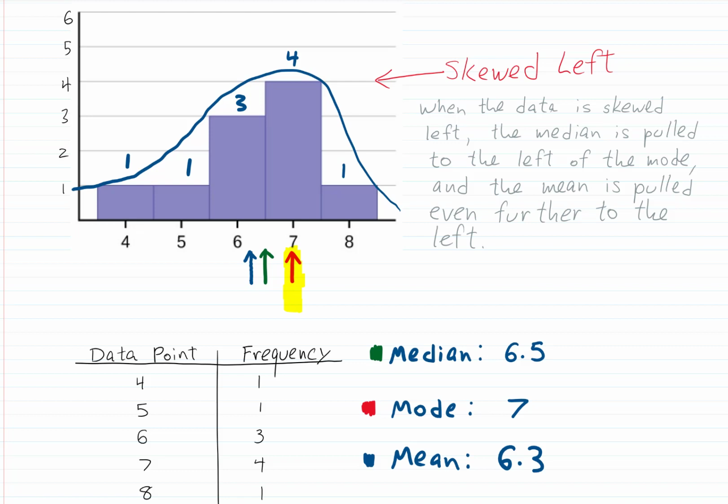Like I said before, if you were voting on something, then that might be the best place to call the center, is the most common vote. Okay, but if there's a lot of stuff over here, then maybe it's better to call the center something else further that direction. So the median maybe is a better choice of center.